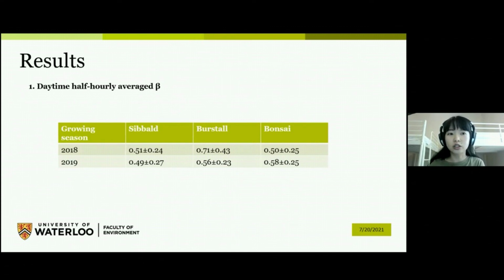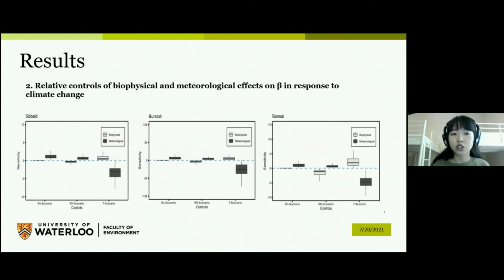And then we look at the relative controls of biophysical and meteorological effects on Bowen ratio in response to climate change. We found that in any scenario, the meteorological control, which is indicated by the dark gray box, has an absolute magnitude greater than the biophysical control.